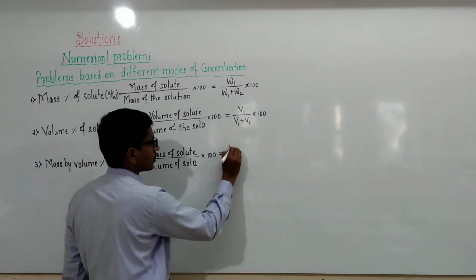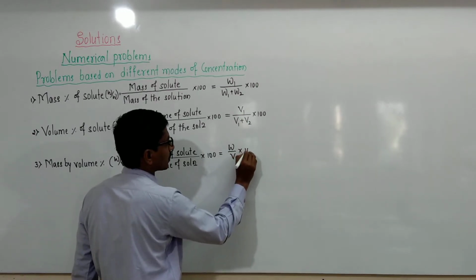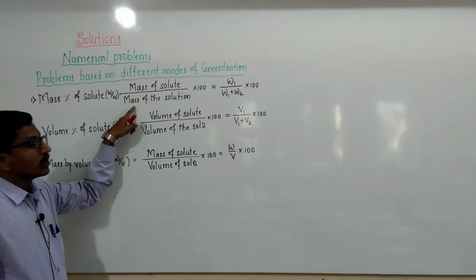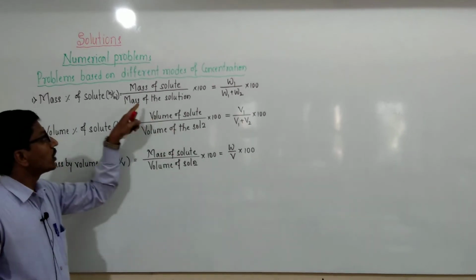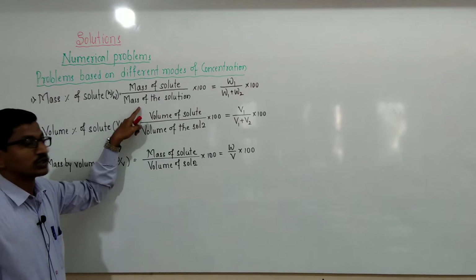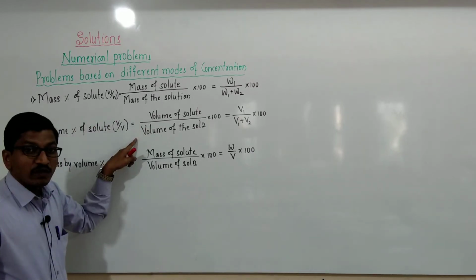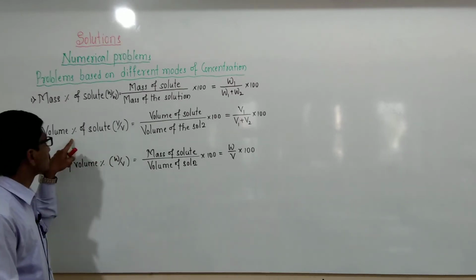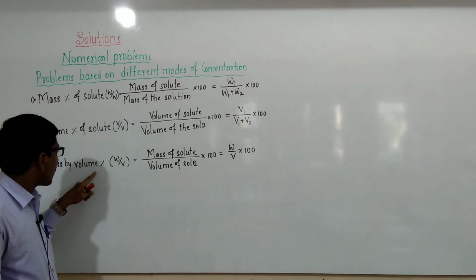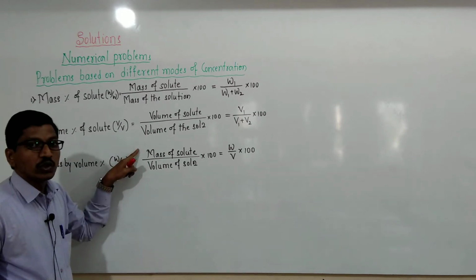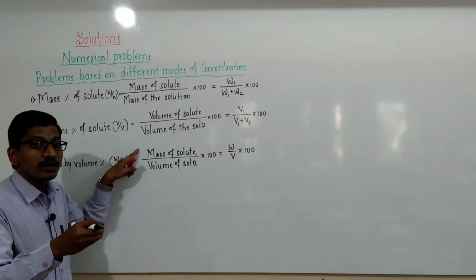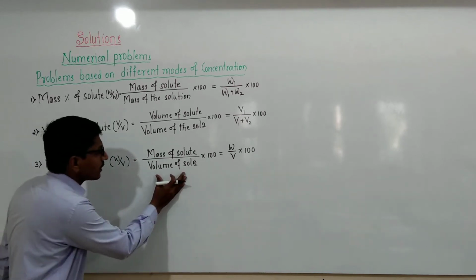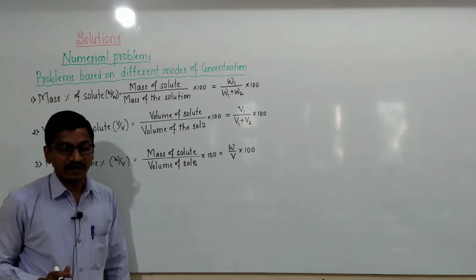This is equal to W by V into 100. In these three concentration terms, the amount of solute is dissolved in 100 gram of the solution in case of mass percentage, and the volume of solute dissolving in 100 ml of the solution in case of volume percentage. And in case of mass by volume percentage, the amount of solute dissolving in 100 ml of the solution or solvent. Here volume V is fixed, 100 ml.